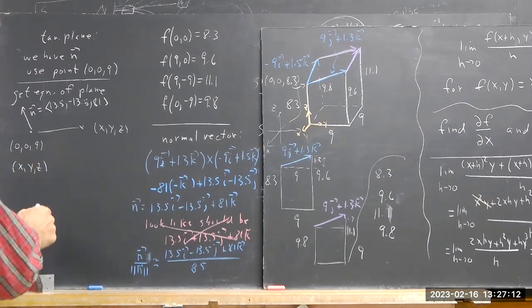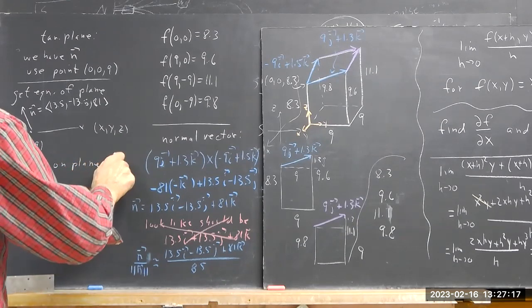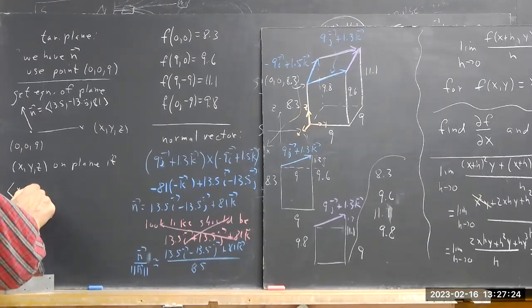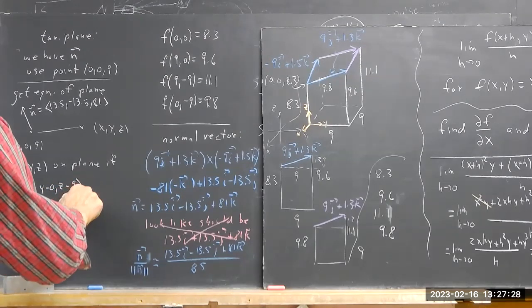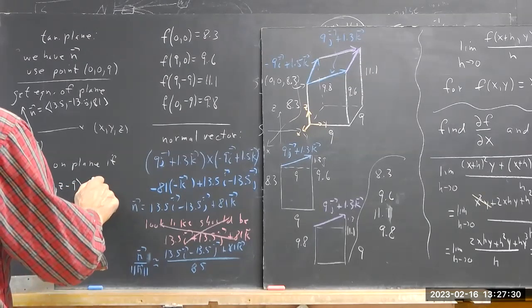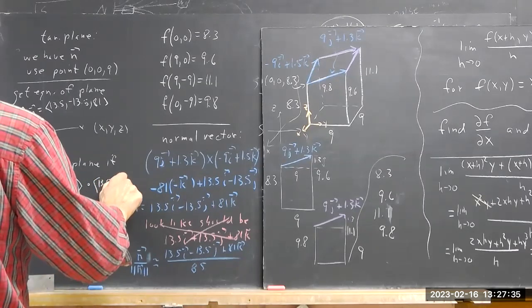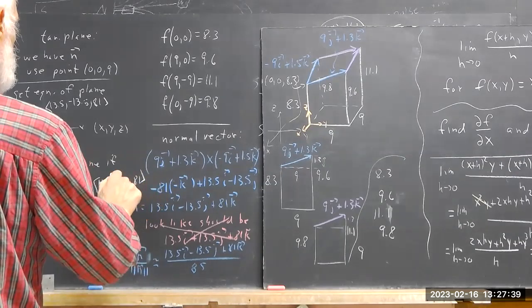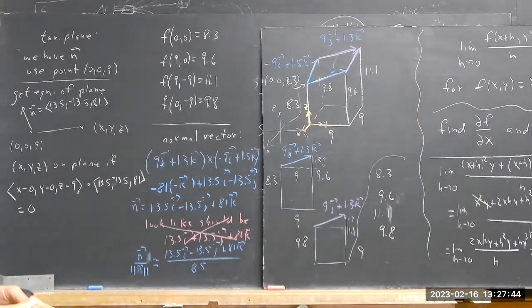All of the logic of this is on the plane. If the vector x minus 0, y minus 0, z minus 9 dot vector 13.5, 13.5, 81, that should be -13.5, equals 0.